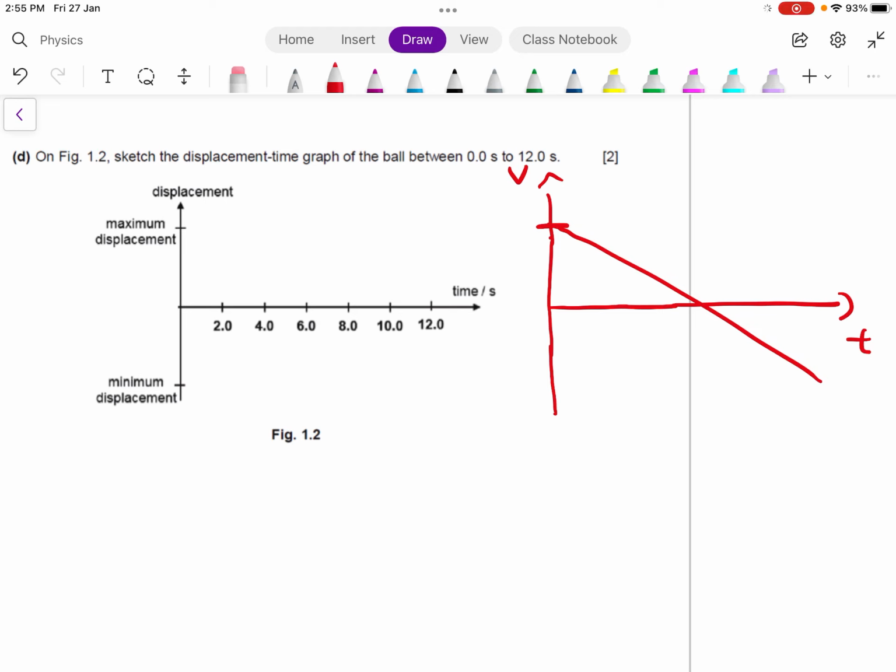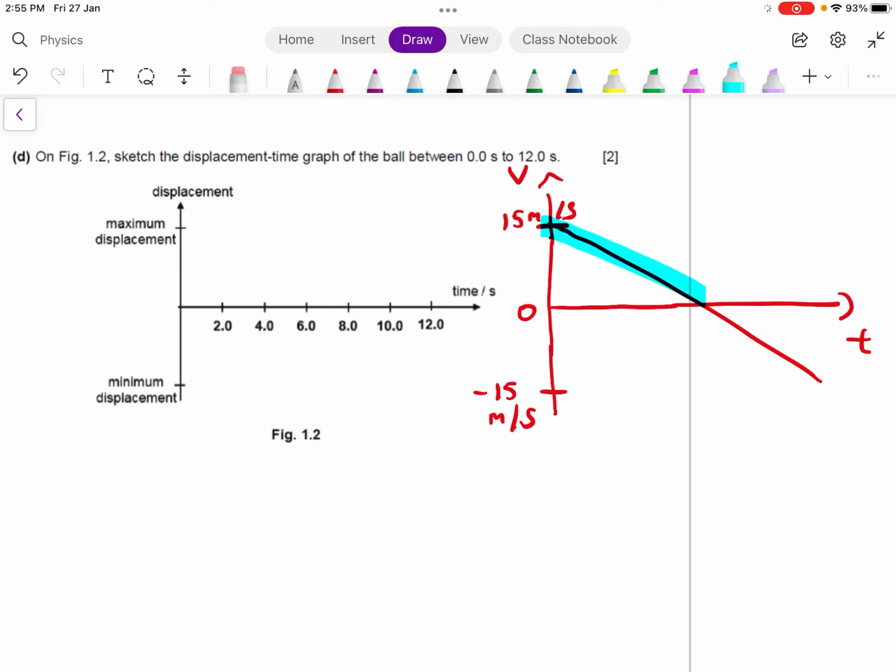At the start it is 15 meters per second, then 0, then negative 15 meters per second. How do I translate velocity to displacement-time? In Sec 4 you will learn something called integration, which we will not talk about first, so you just have to memorize that.